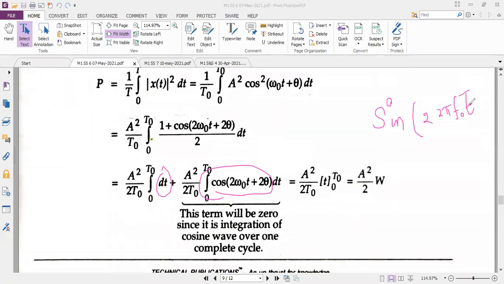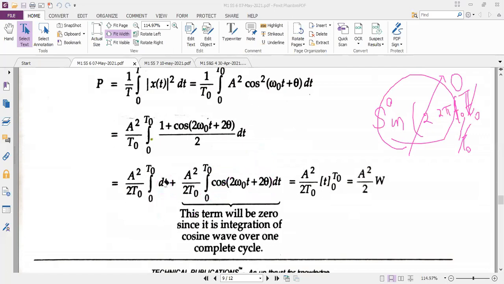The limit is T naught, and f naught is 1 by T naught, so T naught gets cancelled. So when I integrate cos, I'll get sine 2 pi or 4 pi like that. Sine of any number multiplied with pi is equal to 0, so the second term will be 0. If I only integrate the first term and substitute the limits, my answer is A square by 2.